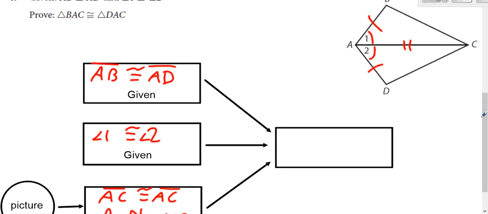And then looking at our diagram, we can see we've got two sides and the included angle. So the triangles will be congruent now. Triangle BAC is congruent to triangle DAC. Two sides, the included angle, side, angle, side.